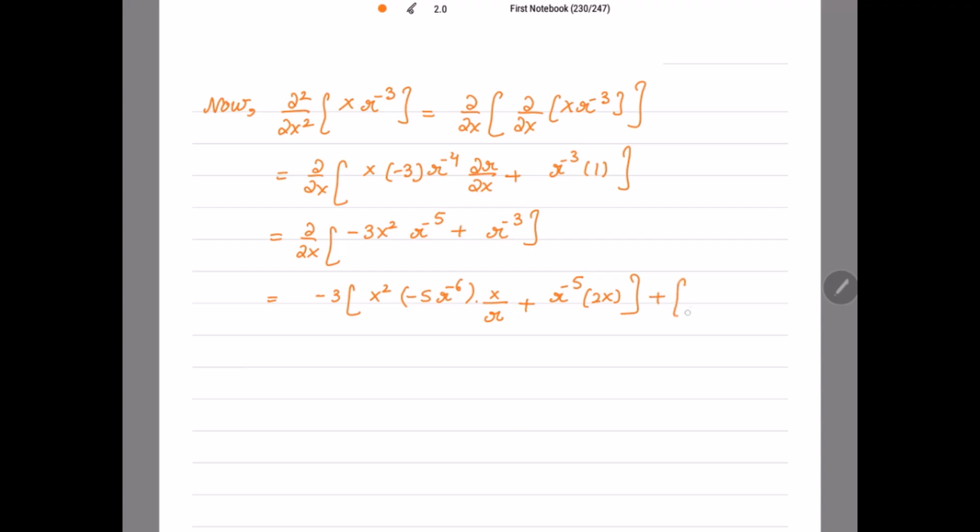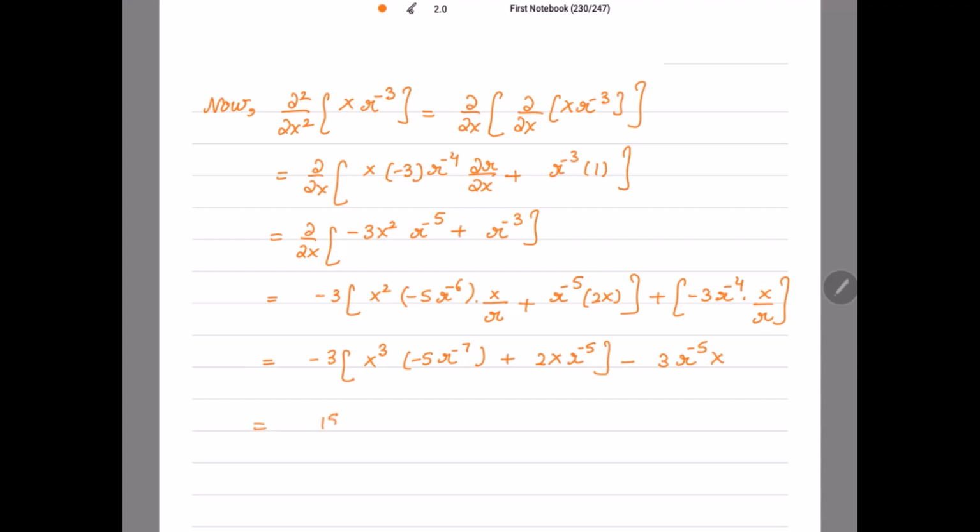Plus, for this I am getting minus 3 r the power minus 4 into curly r over curly x, which is x over r. So this is minus 3, and this is x cube. This will be minus 5 r the power minus 7, plus 2x r the power minus 5, minus 3 r the power minus 5 into x.